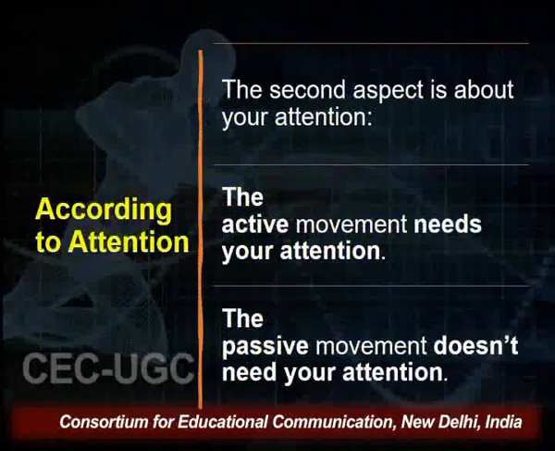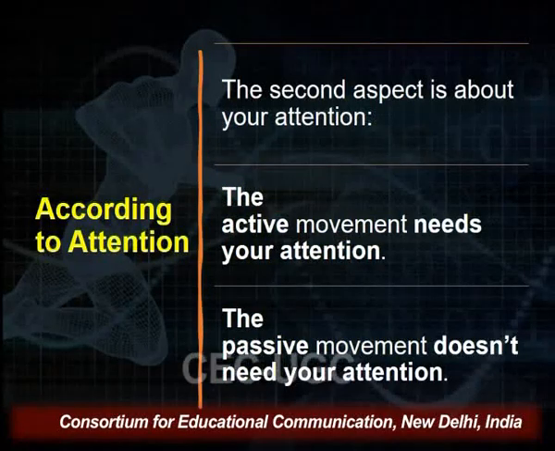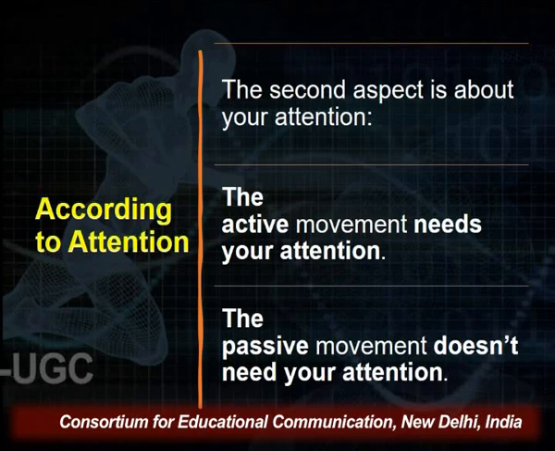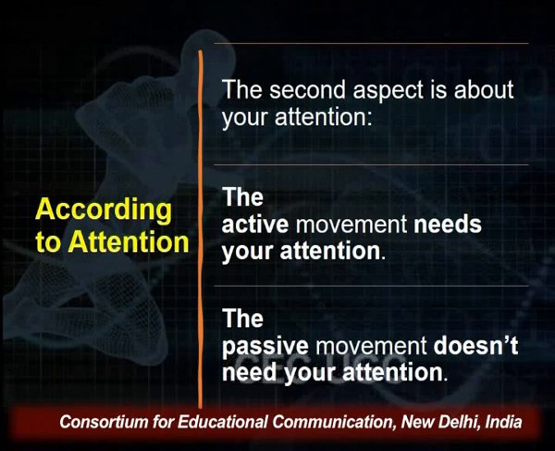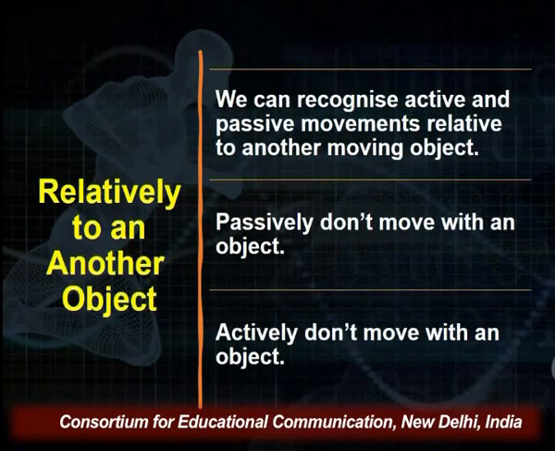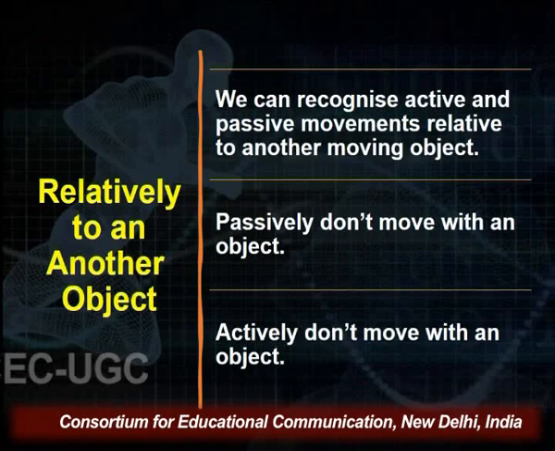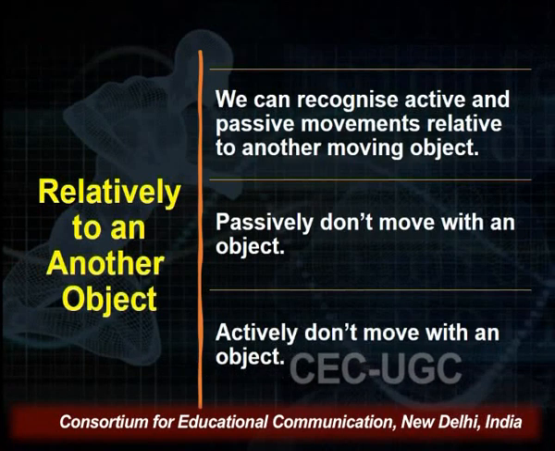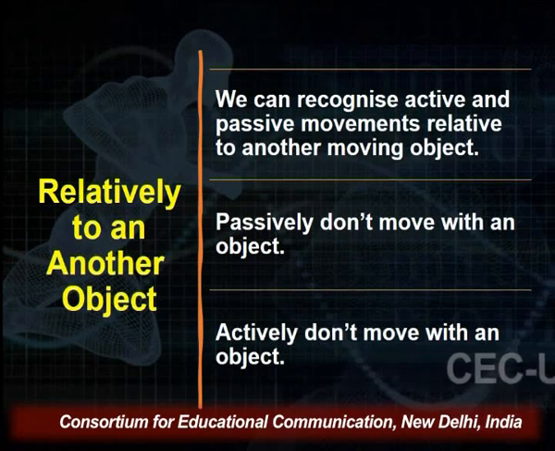Now, according to attention. So, the second aspect is about your attention. The active movement needs your attention and the passive movement doesn't need your attention because it is because of some help. Then, now relative to another object, we can recognize active and passive movements relative to another moving object.